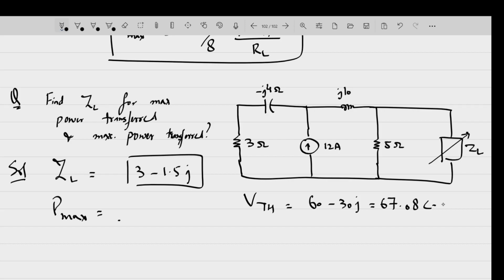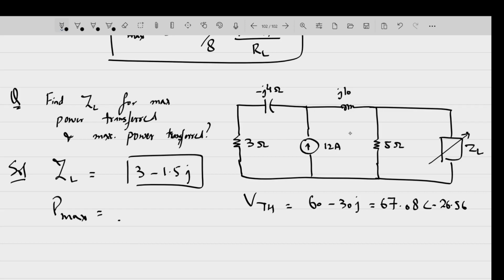Did anyone get this value? Can you solve? I mean, everybody's getting different answers.